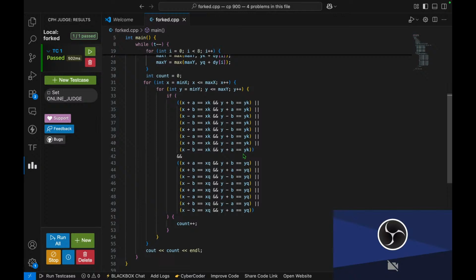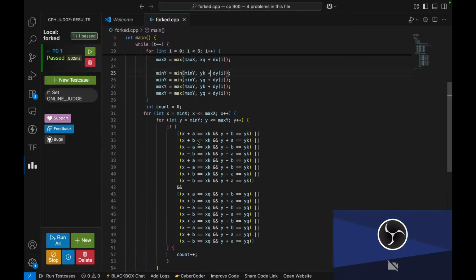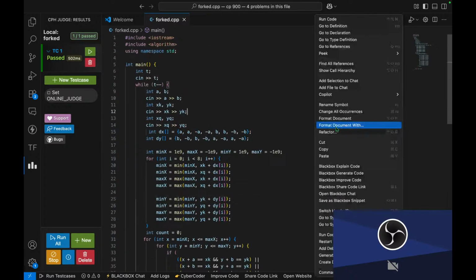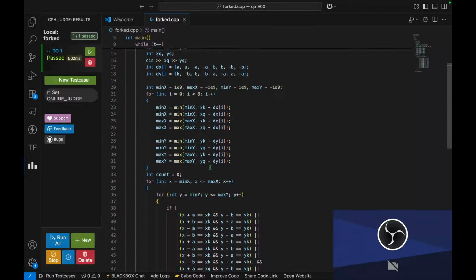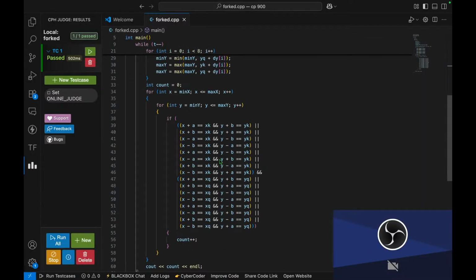So I take only those up, down, right, left. But what about the up with B and the right with B, the right with A and the left with A? So I didn't choose those cases. So by using those cases, this will be simple.